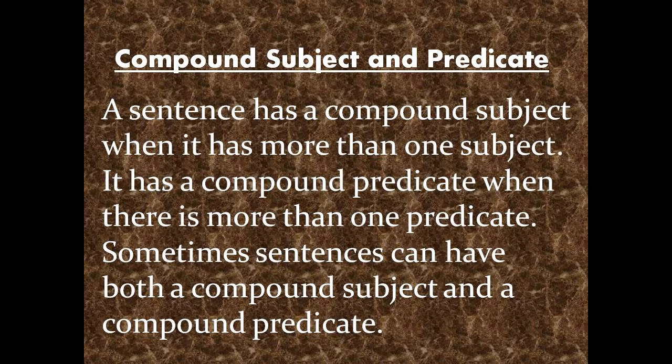If a sentence has two subjects, it is a compound subject. And if the sentence has two predicates, it is a compound predicate. Sometimes sentences can have both a compound subject and a compound predicate.